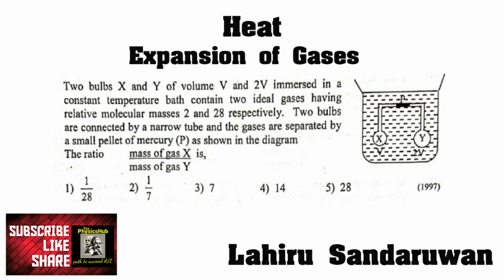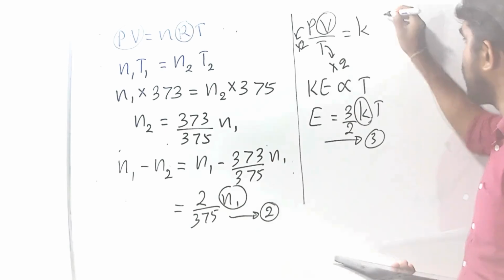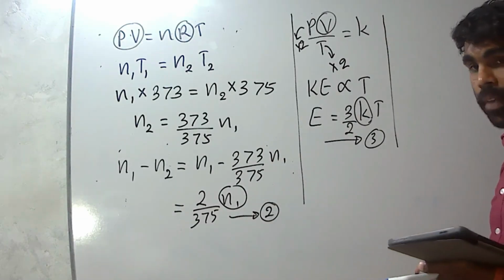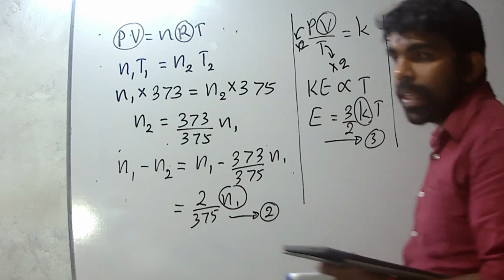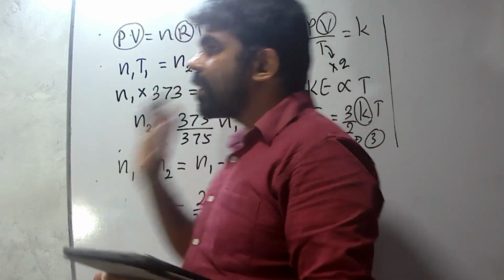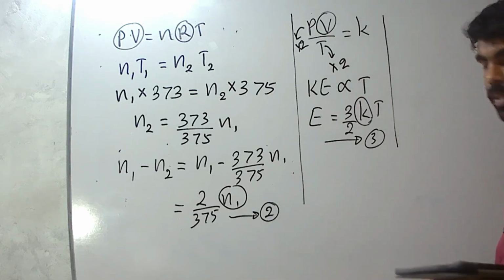Find the ratio of mass of gas in X divided by mass of gas in Y. When considering the system at equilibrium, because of the mercury thread, there is the same pressure in both bulbs.